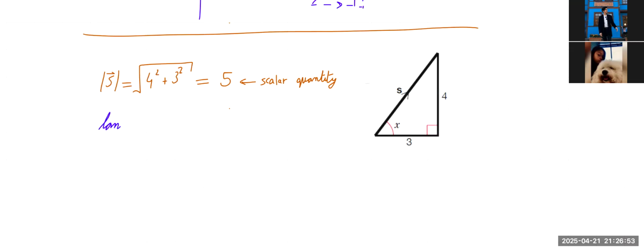Tangent of x will be equal to 4/3. Exactly. And what is x then? How are you going to calculate it? You put tan^-1 and then brackets 4/3. Tan inverse, we don't call it tan negative, no. So tan inverse of 4 over 3 is equal to 53.1 degrees.